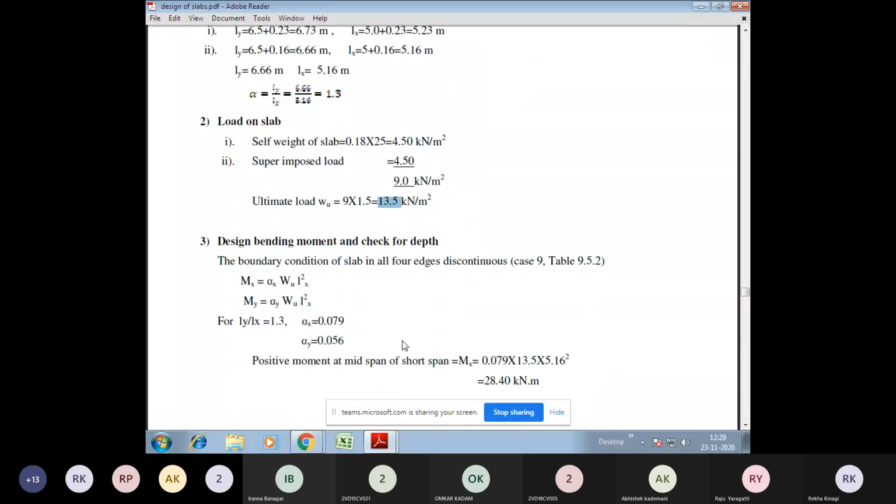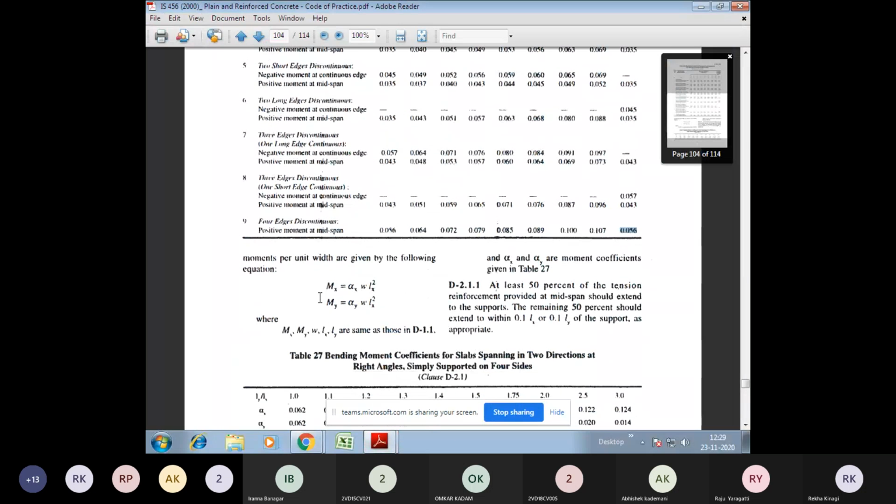Now, once we are done with the load on the slab, we need to find the design bending moment and shear force values. In order to calculate the design bending moment, here we have the equations Mx and My. Mx is equal to alpha x w Lx square. My is equal to alpha y w Lx square.